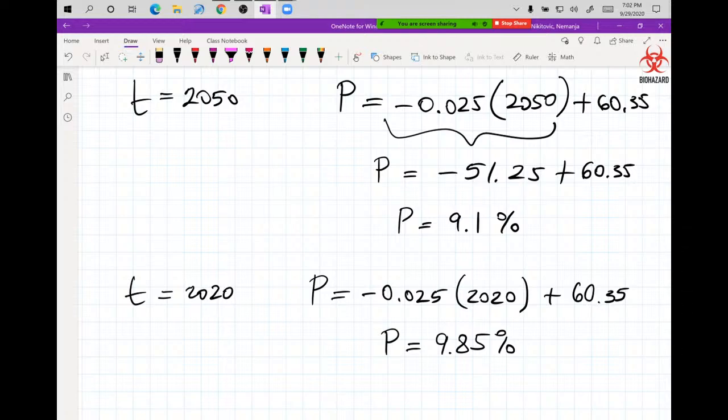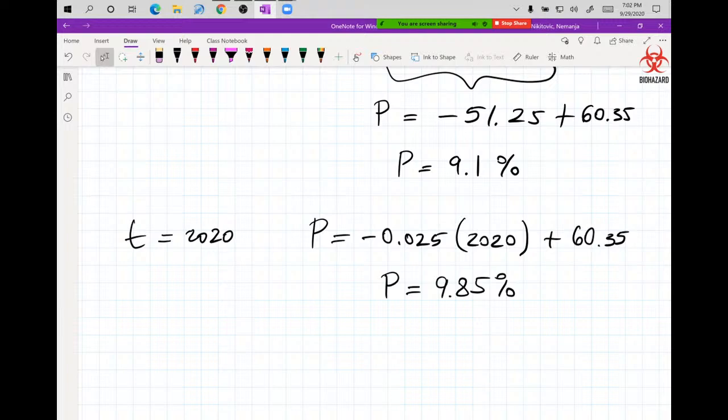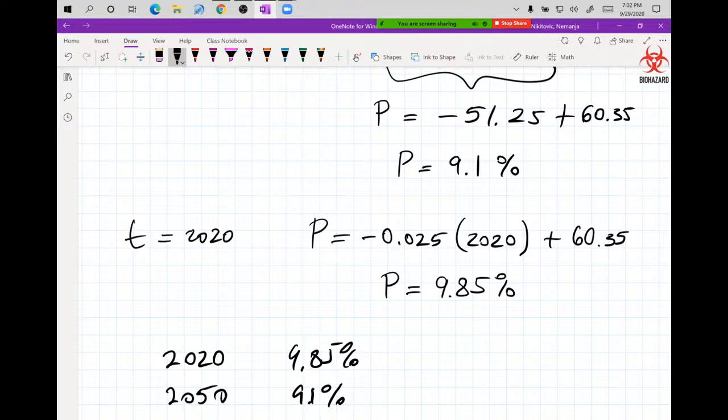Actually, no, wait, does this make sense? What am I talking about? Oh, yeah, okay. 2020 has more young people than 2050. No, this does make sense. This is a good model. 9.85% in 2020, and 2050, 9.1%. No, this is good. Let me just write these numbers nicely. 9.85.